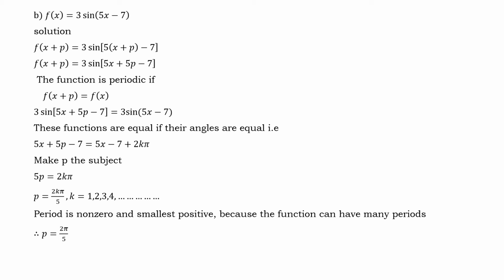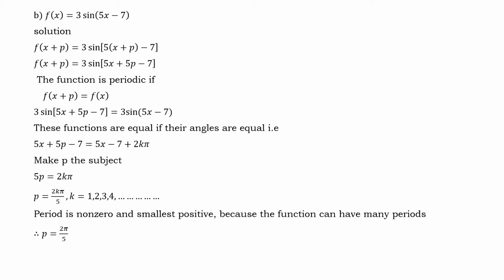k can be 1, k can be 2, 3, 4, 5. It can be any number, which means that when k is 1, we get 2 pi over 5. When k is 2, we get 4 pi over 5. When k is 3, we get 6 pi over 5. All of those values are periods of our function.